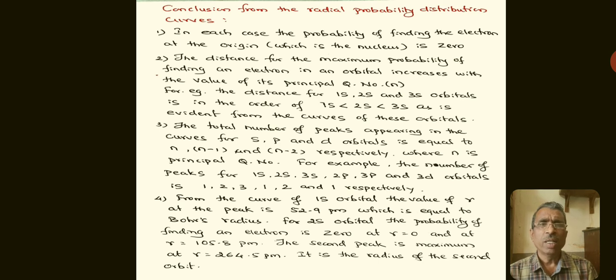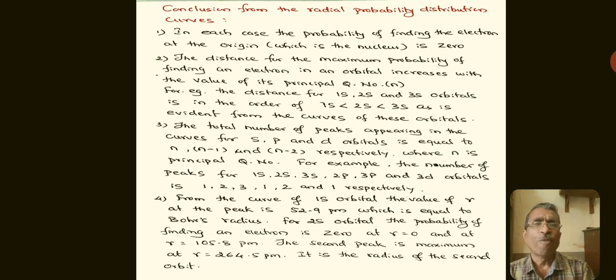For example, the number of peaks for 1s, 2s, 3s, 2p, 3p and 3d orbitals: for 1s it is 1 peak, 2s it is 2 peaks, 3s it is 3 peaks. The p starts from 2, therefore 2p is having only 1 peak, 3p is having 2 peaks, and d starts from 3, so 3d is having 1 peak respectively.